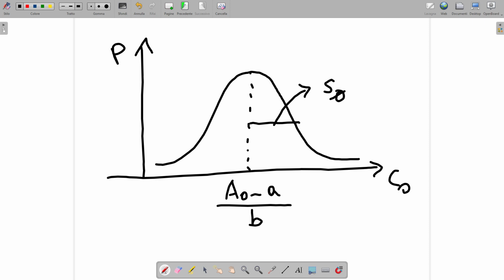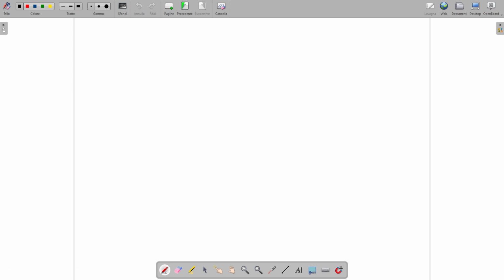We have a formula that calculates S0 as a function of all the quantities involved in the problem. This is the result of a demonstration. There is a very old article demonstrating this formula, and I'm going to write it down. I will never ask you to learn it by memory, but simply look at it to discuss.